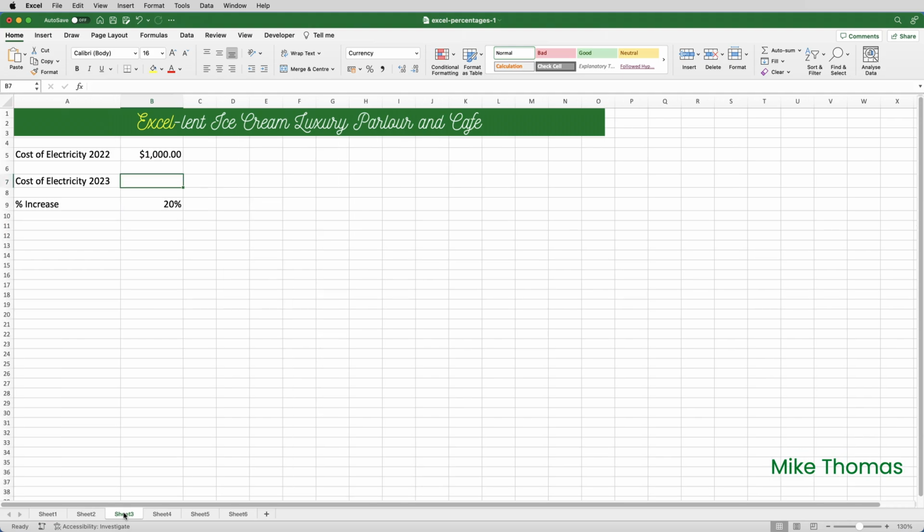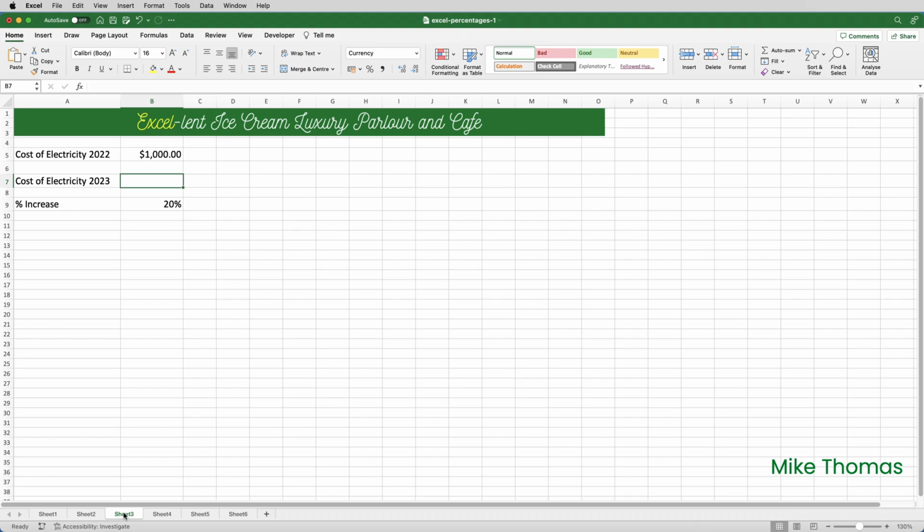For the third example, the cost of electricity to run the ice cream factory this year is $1,000 a month. And we've been told that this is going to increase by 20% next year. And of course, we want to know what will the new figure be. So I need to calculate 20% of 1,000 and add it onto the 1,000.